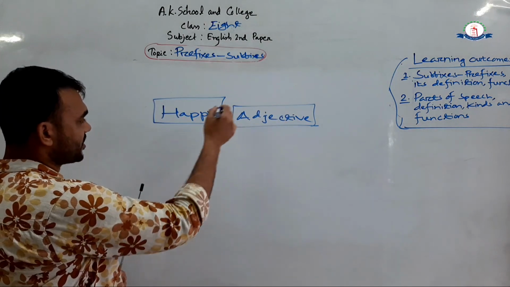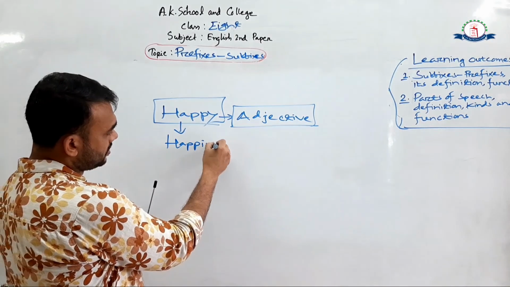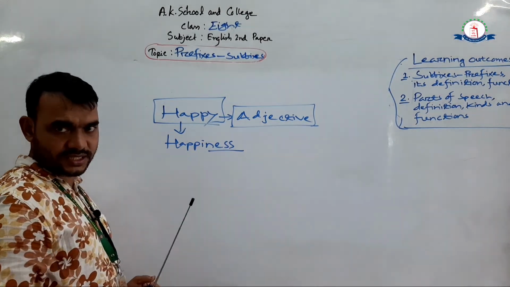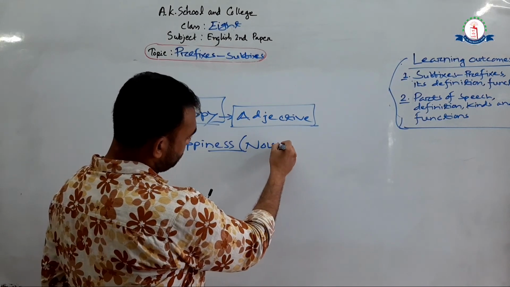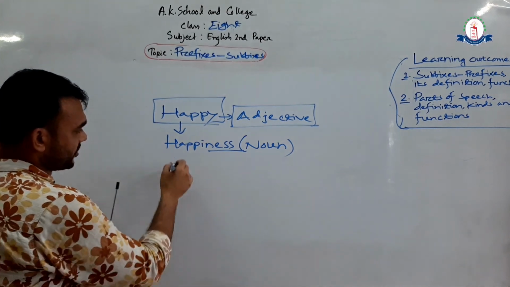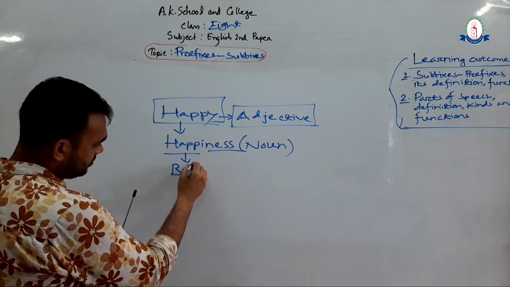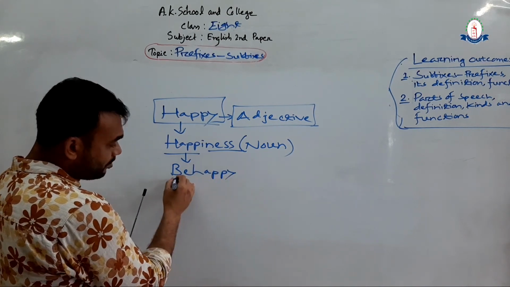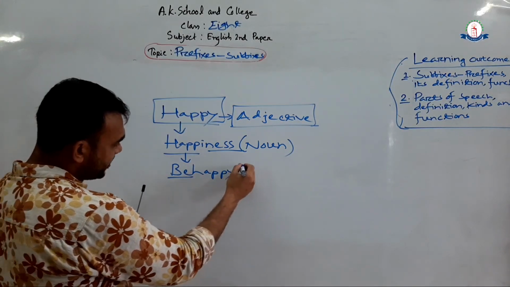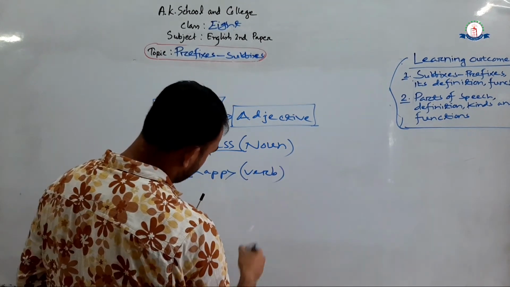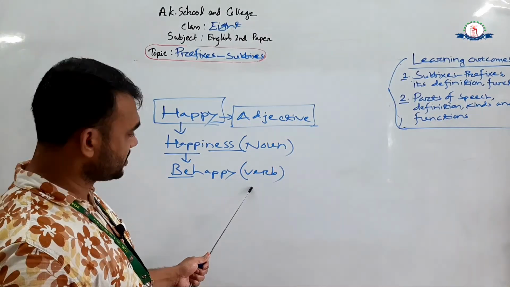So I will make it a noun. So here ness, and this very ness has made it a noun. Now I will make it a verb. Here I have added en at the end of the word happy. So en has made it a verb. So here is adjective and this is noun and this is verb.